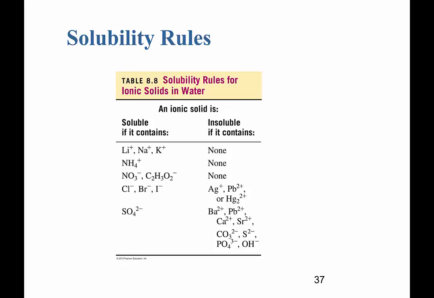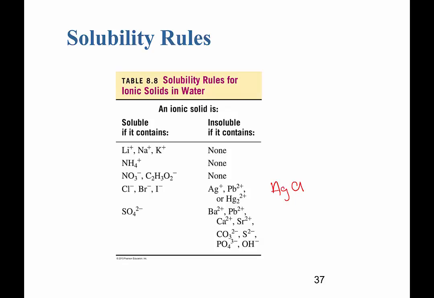So if I have lithium, sodium, potassium, ammonium, nitrates, or acetates, those are all soluble, and there are no exceptions. Chlorine, bromine, and iodine are soluble unless I have silver, lead, or mercury with it. So if I had silver chloride, that's not soluble. It would be insoluble.